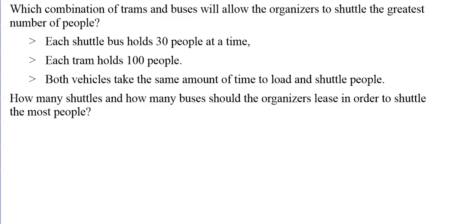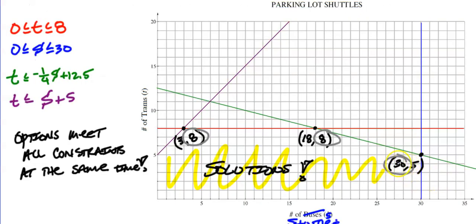So, which combinations would allow the shuttle to move the greatest number of people? A bus holds 30 and each tram holds 100. Well, let's just take these 3 points and see which one gives us the most number of people.